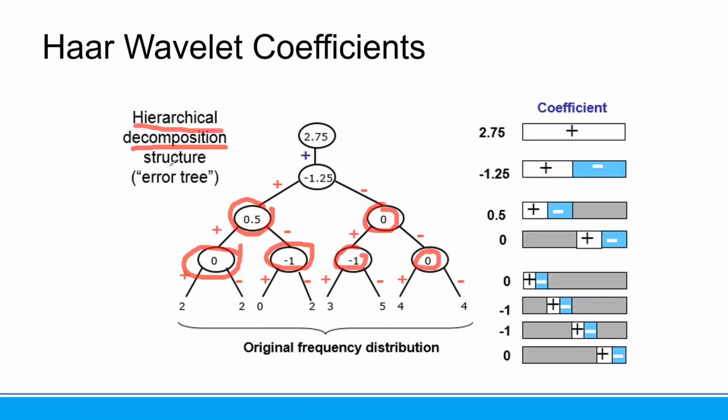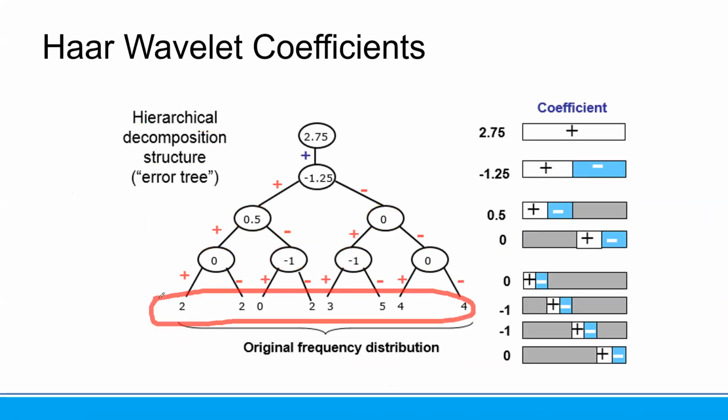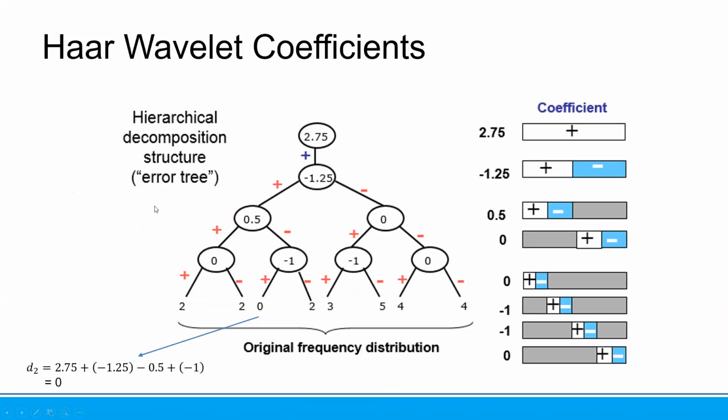Okay. And this is the hierarchical decomposition structure, or we call it error tree. How can we use this error tree? Let's say I know that this is the original number, and we can extract this number from the detail coefficient. For example, I want to know this. How can I get this number?